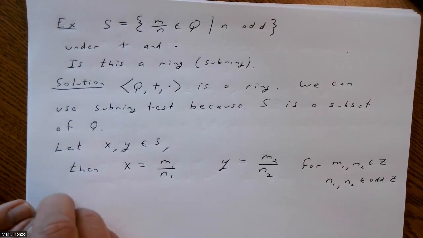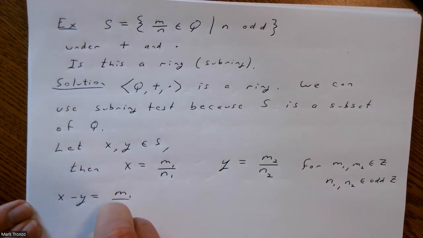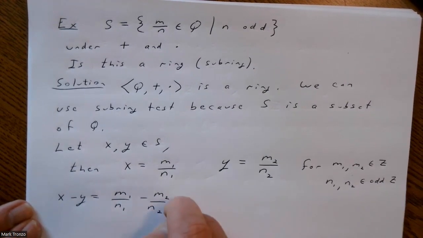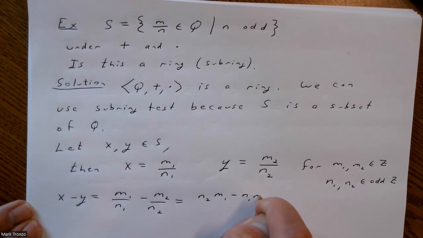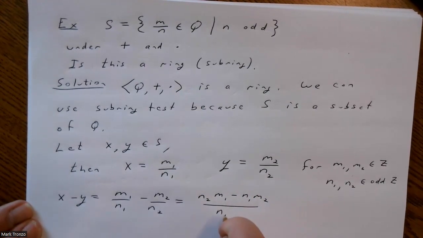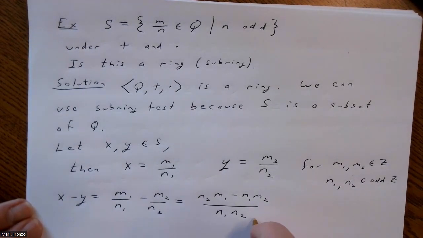Let's do our test. If we take X minus Y, that's M1 over N1 minus M2 over N2. If we add these together, we make a common denominator: N2 M1 minus N1 M2 over N1 N2. If we multiply two odd numbers, we get an odd number, so the denominator is going to be odd.